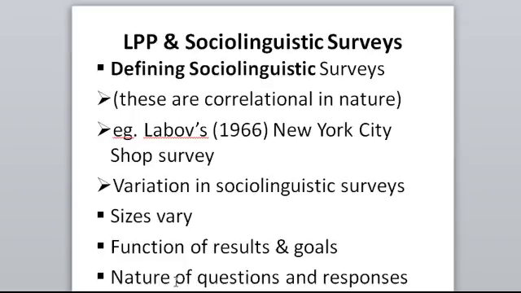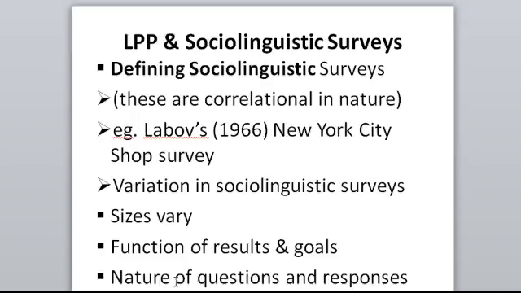Experimental research, in contrast, establishes causal relationships, that is, cause and effect. On the other hand, sociolinguistic surveys are correlational in nature, although inferences of causality can sometimes be drawn from correlational data. That is, some sociolinguistic surveys are experimental in character.